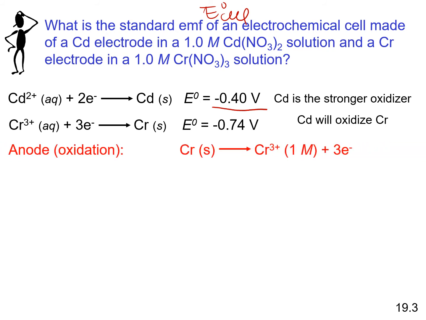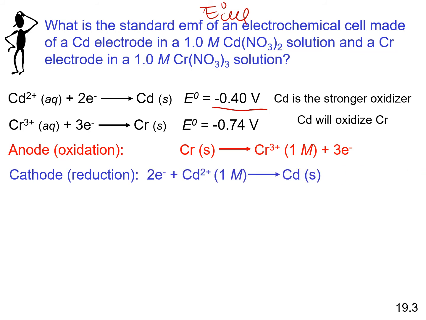Okay, so what will happen at our anode? That's oxidation. So that is the oxidation of our chromium from 0 into chromium 3 plus, which is oxidized by cadmium. Okay, then to balance the equation, we have 3 electrons. And then at the cathode, we have the reduction. So 2 electrons plus cadmium 2 plus, forming cadmium solid.